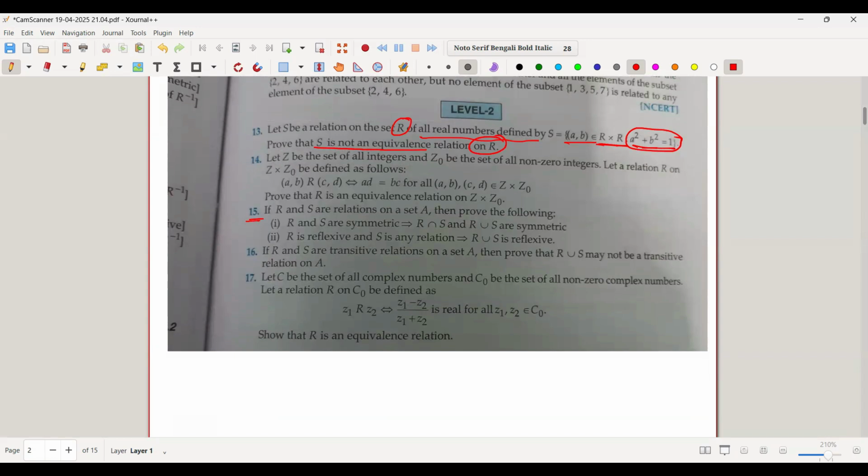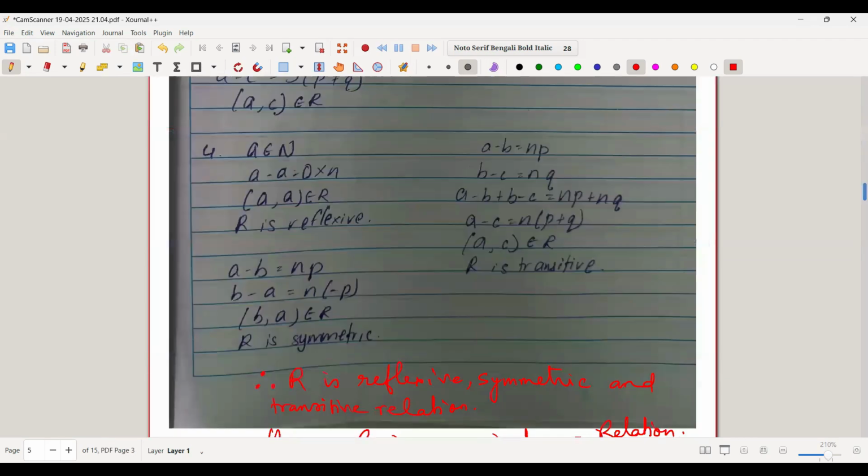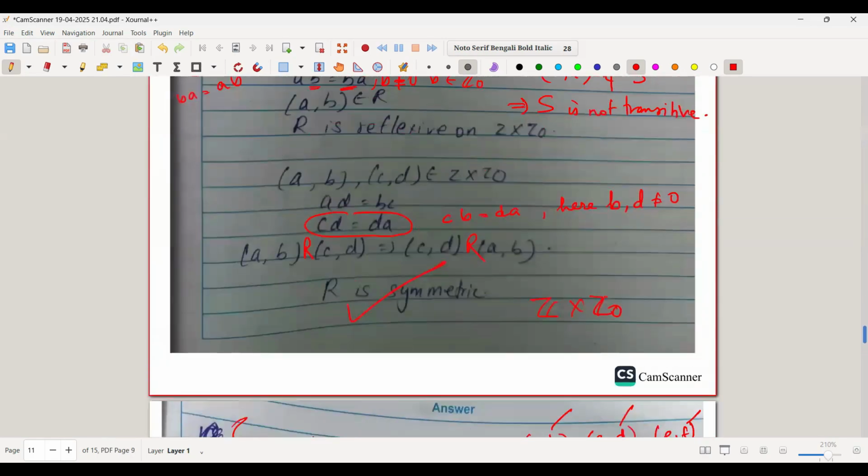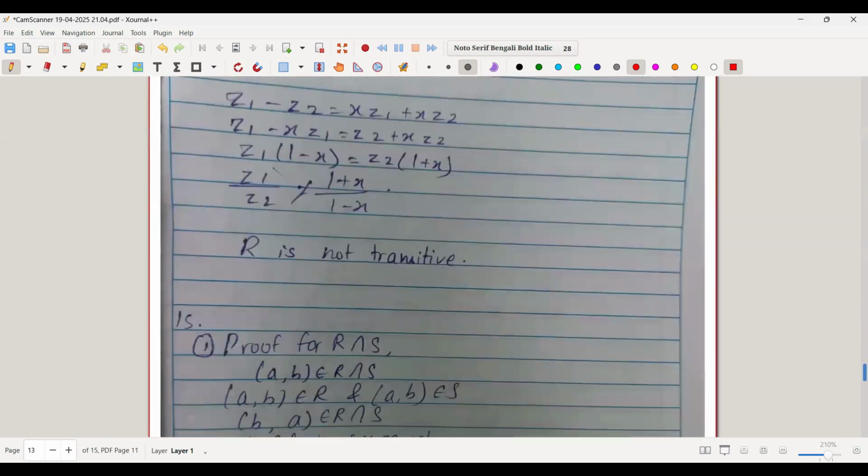If R and S are relations on the set A, then prove all the following. R and S are symmetric implies R intersection S and R union S is symmetric. R is reflexive and S is any relation implies R union S is reflexive. What is 15?